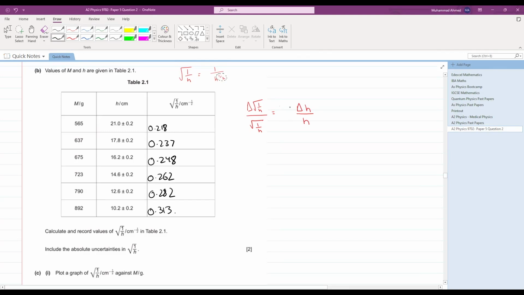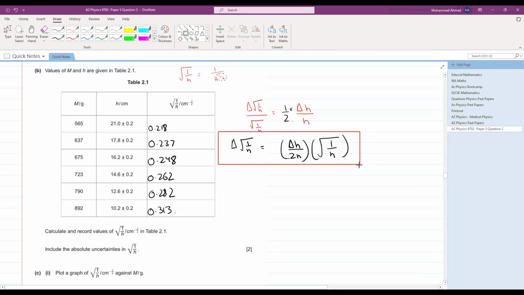What will your final formula become? Absolute uncertainty in 1 over h is equal to absolute uncertainty of h divided by 2h, multiplied by under root 1 over h. Simple. This is the formula that you will be using throughout.